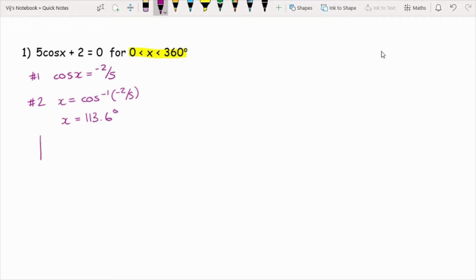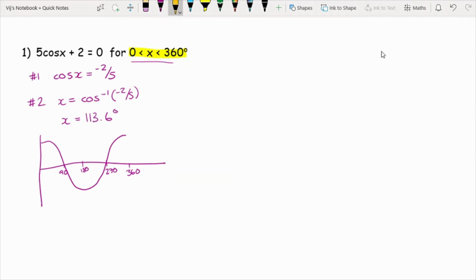Now I'm going to do a quick sketch of my cos graph between 0 and 360, which looks something like that. As you can see from my diagram, it doesn't need to be a complete utter work of art, it's just a case of giving you an idea of how we can find the second and further solutions. Because I want my range going from 0 to 360, that's the reason why I've gone from 0 to 360 in the graph.